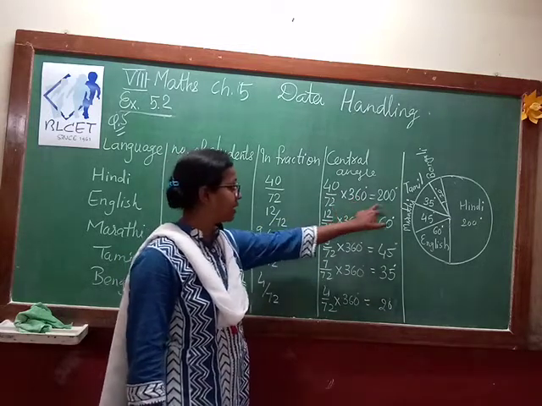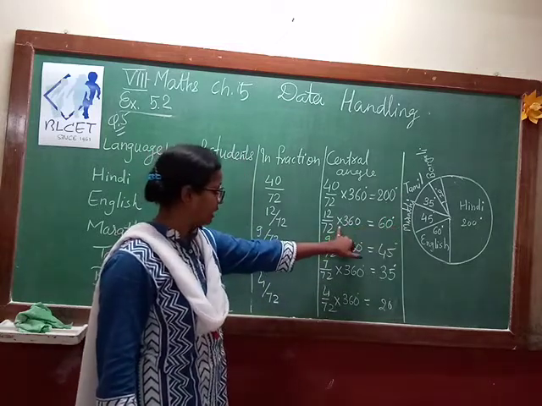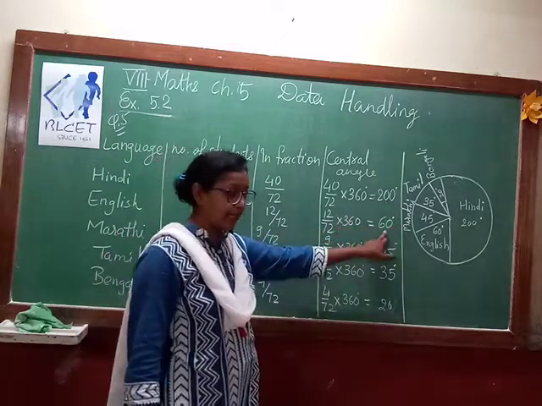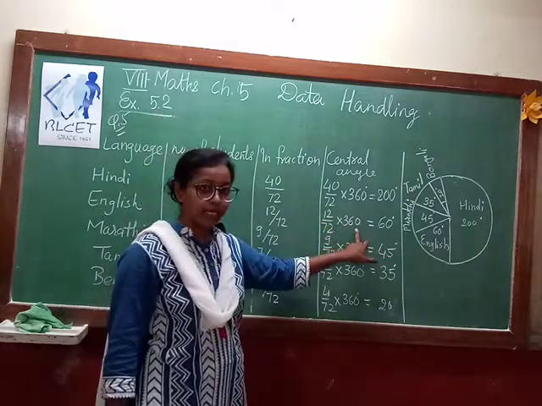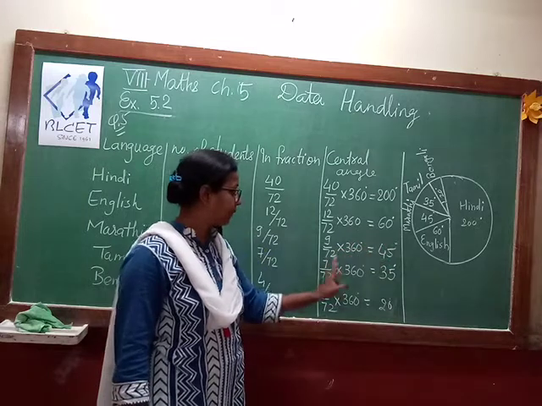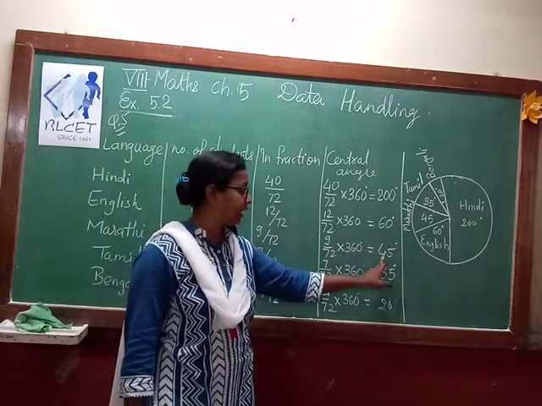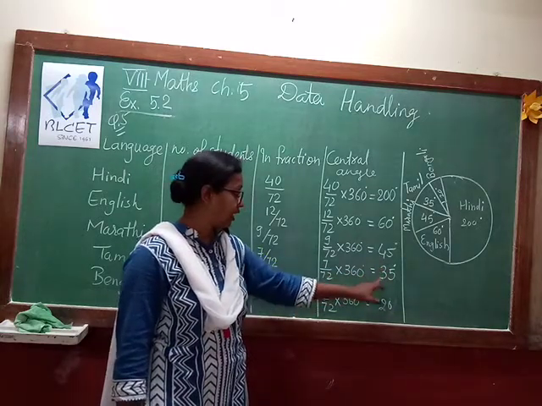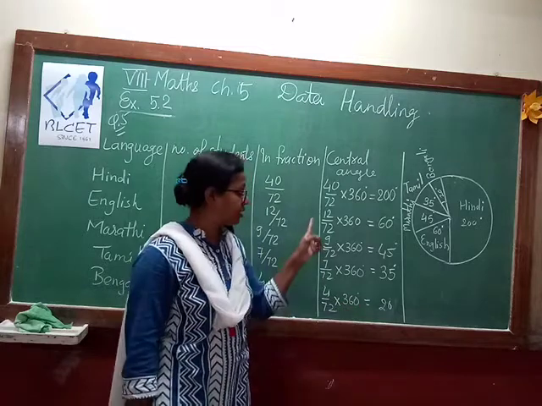So for Hindi, the central angle is 200 degree. For English, the central angle is 60 degrees because the fraction is 12 by 72 multiplied by 360 degree, which is 60 degree. 9 by 72 multiplied by 360 degree is 45 degree. This is for Marathi. Same way 35 degree for Tamil and 20 degree for Bengali. So these are the central angles.